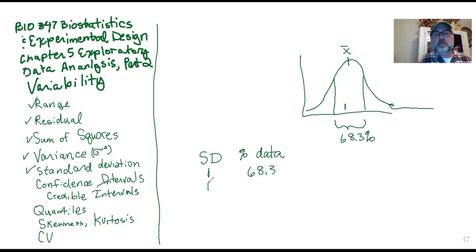If you go out 1.96, that seems like a weird number until you look at the percent, 95%, right? So if you go out 1.96, right? So from here to here is 1.96. Okay.